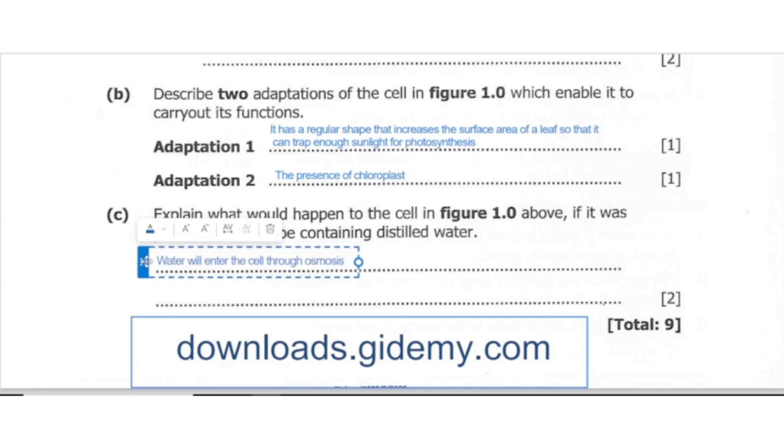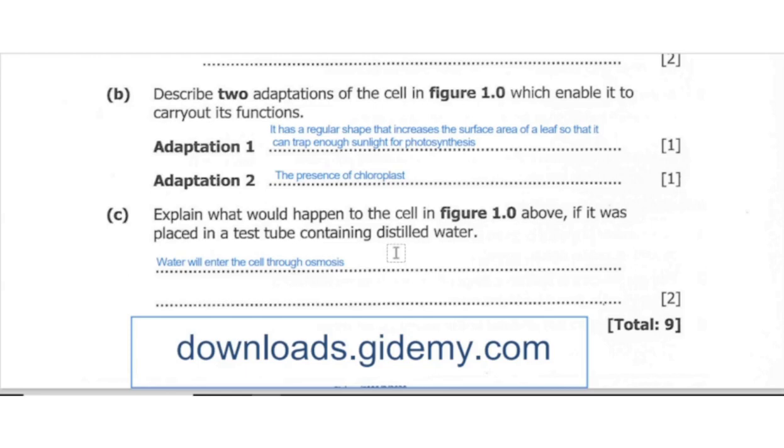When you put the cell in the test tube where there is water, the amount of water outside the cell will be higher than the water that is in the cell. If the water is distilled, it is pure, it has no nutrients, it has nothing mixed in the water.